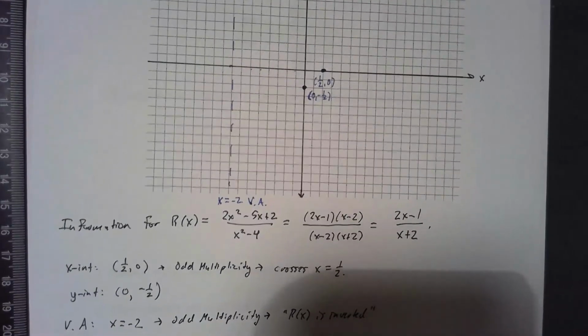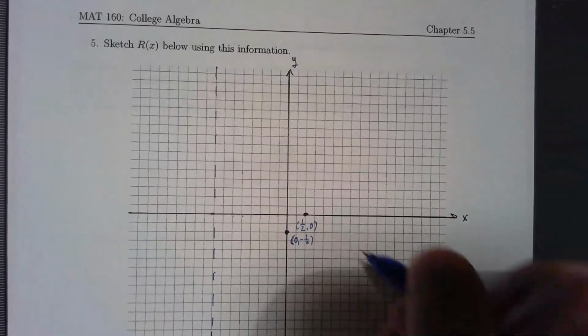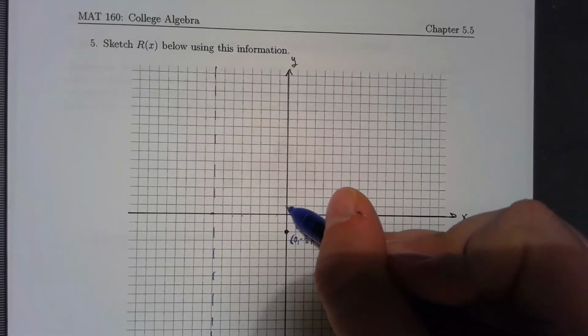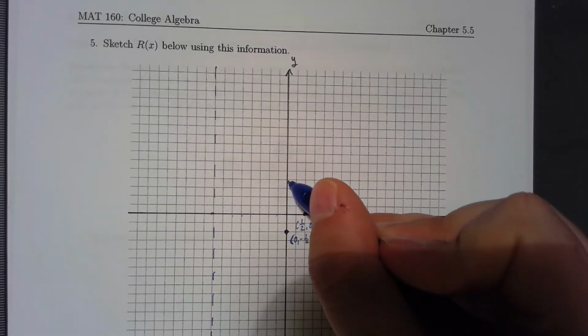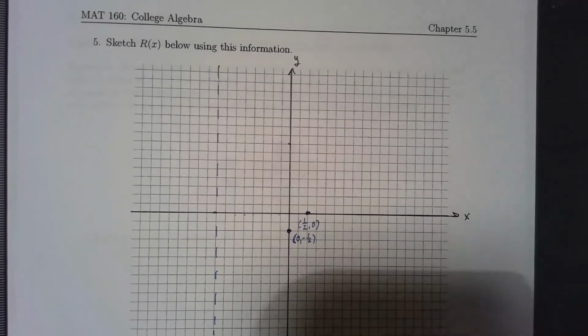My horizontal asymptote is y equals 2. So 1, 2, 3, 4, right there.